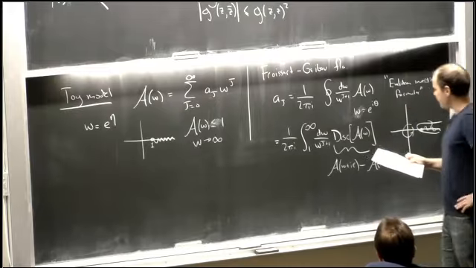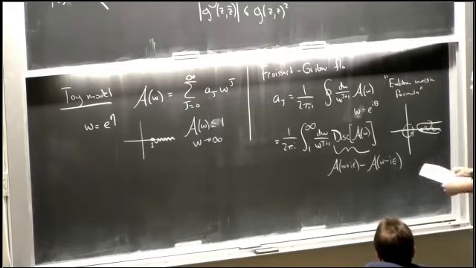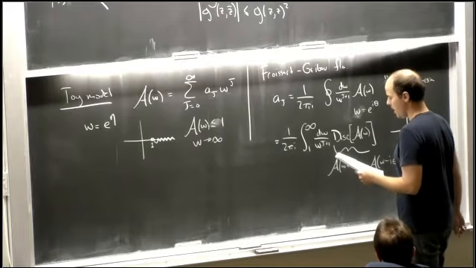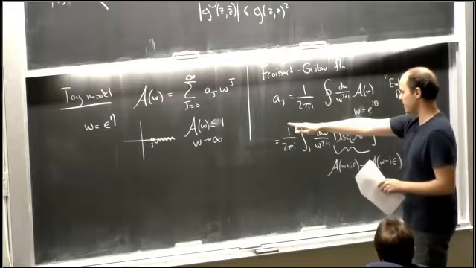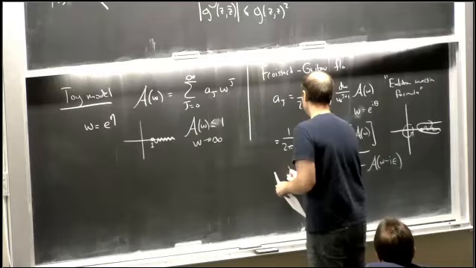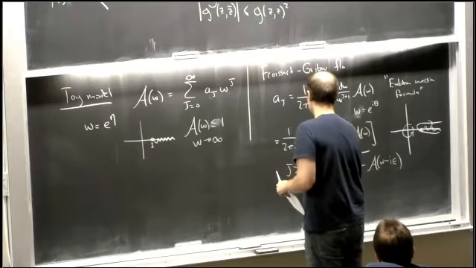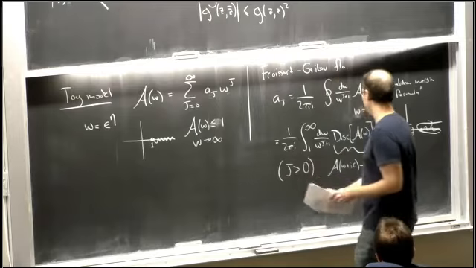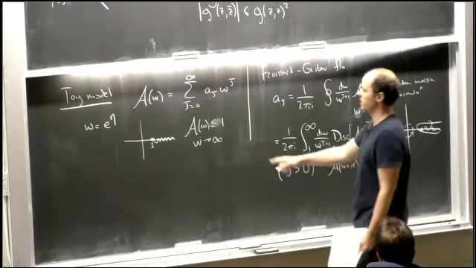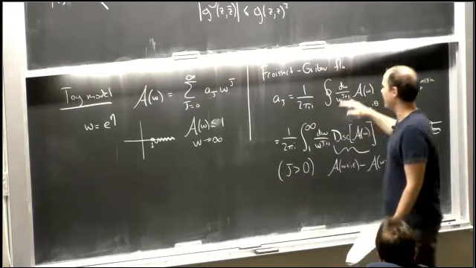Okay, this formula is valid provided j is large enough. And in this case, based on the assumption that we made about the growth of a at infinity, the formula holds if j is bigger than 0. Okay, so for the partial wave coefficient a sub 0, you need to go back to the Euclidean formula.